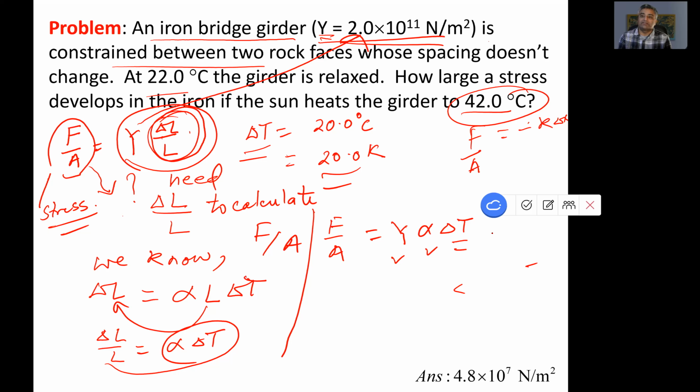Y and alpha, if you don't know them, but you know the material, let's say if it says iron, you can look for it, okay? And alpha for iron, we just wrote in the last slide. It was 12 times 10 to the power negative 6, right? So you can include all those numbers. Yes, it's going to be a bit of a larger number, but we have all the numbers, and that's where the calculator does its magic.